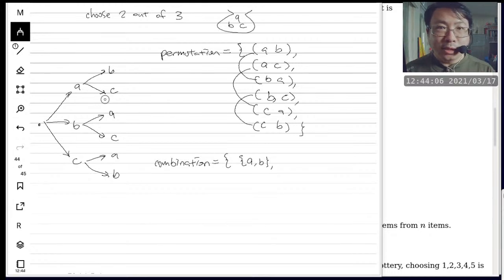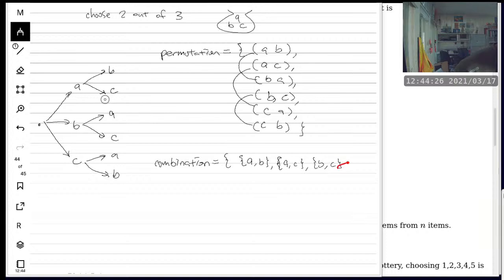And in a combination, ordering is not important either. So the set of combinations is really a set of sets, because each combination is by itself a set. And then we have AC, and then we have BC.